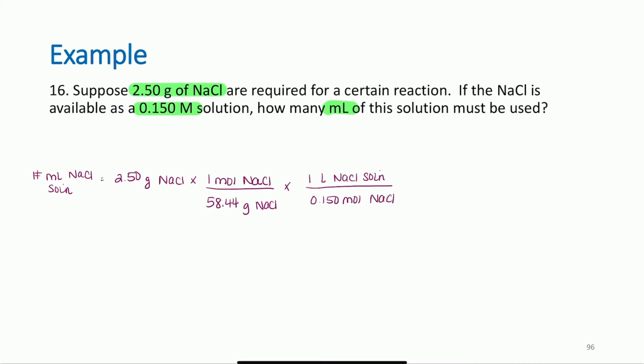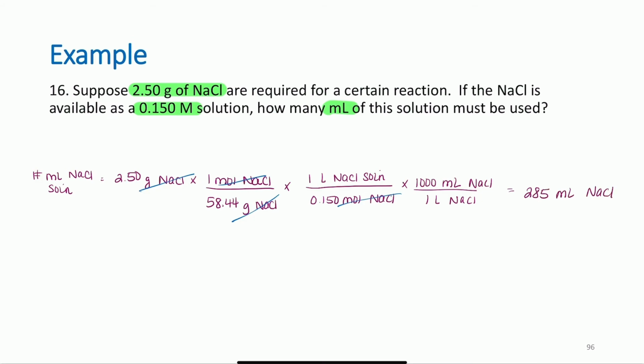So at this point, I've converted grams to moles. Now I'm converting moles to liters. I know 1,000 milliliters is equal to 1 liter. And I get 285 milliliters of NaCl.